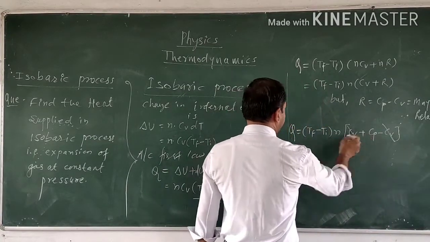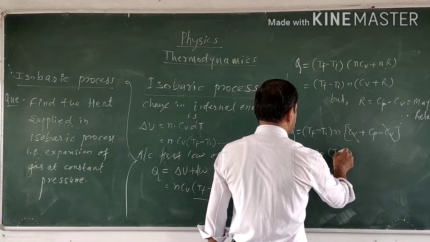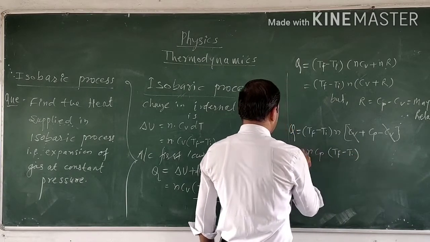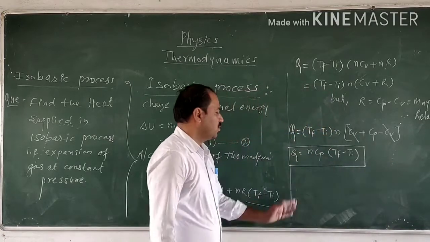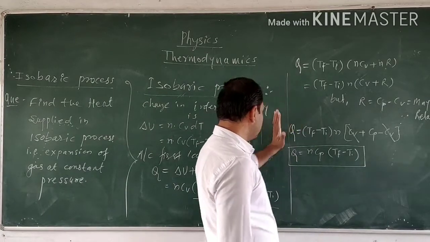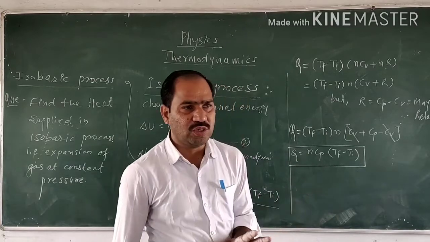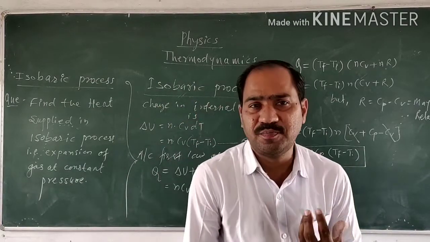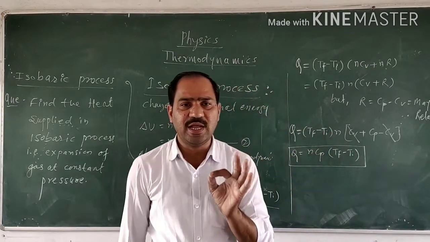So here we get n Cp into bracket (Tf minus Ti) is equal to Q. This is the final expression for the heat supplied to the system at constant pressure. So Q is equal to n Cp (Tf minus Ti), where n is the number of moles of the gas, Cp is the specific heat at constant pressure, and Tf minus Ti is the change in the temperature.